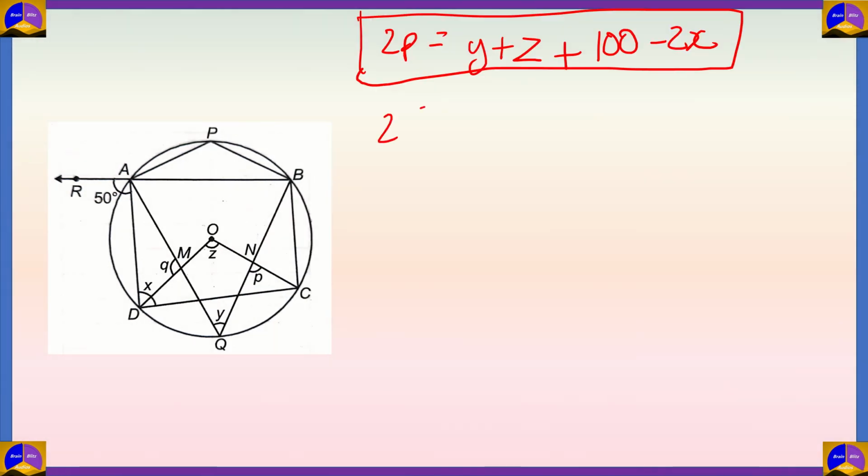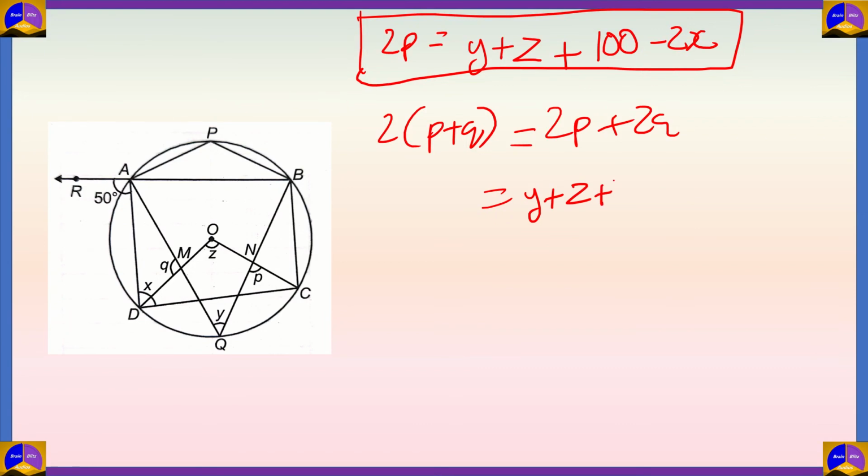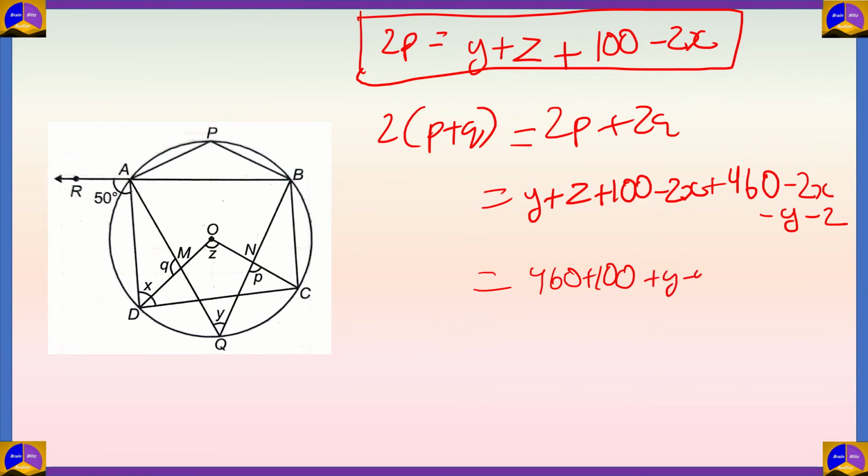Now 2p is Y plus Z plus 100 minus 2X, and 2q, we found, is 460 minus 2X minus Y minus Z. Now if we solve it, we get 460 plus 100, plus Y minus Y, plus Z minus Z, minus 2X minus 2X.